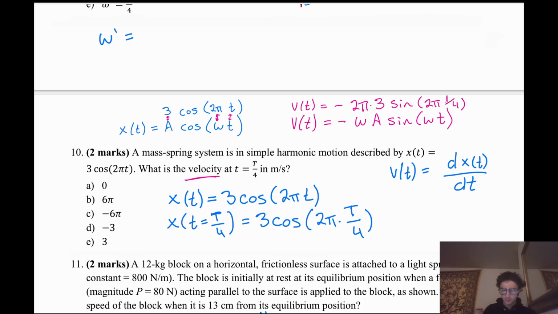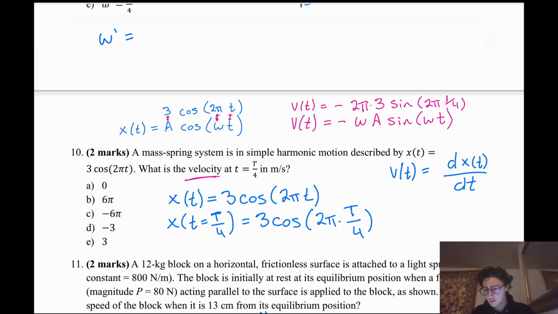So now this is literally just plug and chug. 2 times pi times 3 times sine of 2 times pi times 1 divided by 4. And this, I think, has to be in radians, because there's pi in there.